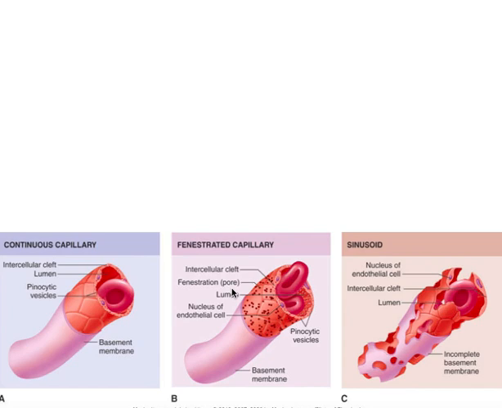You'll find sinusoid capillaries in the liver, in the bone marrow, where white blood cells are manufactured, in the lymphatic tissues, where white blood cells do a lot of their work, and some of the endocrine organs. As you can see, the lumens tend to be very large and irregular. There's very little in the way of tight junctions between the cells. It's quite a loose connection, and the intercellular clefts tend to be massive.